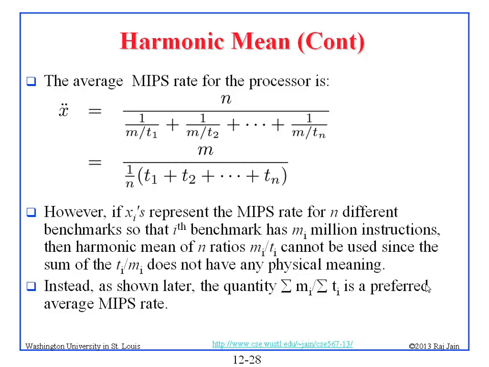Therefore this is the preferred metric here, m upon 1 upon n of T1 through Tn. If the m's were different, then you would do it like this: the arithmetic mean on the top and the arithmetic mean on the bottom.